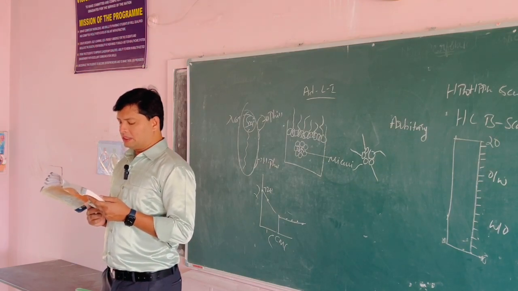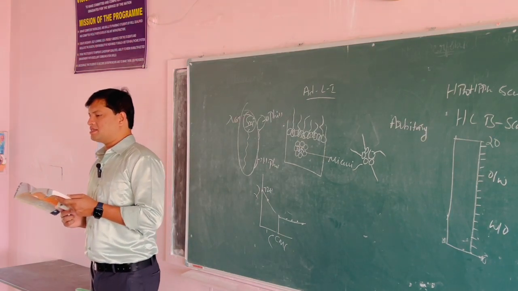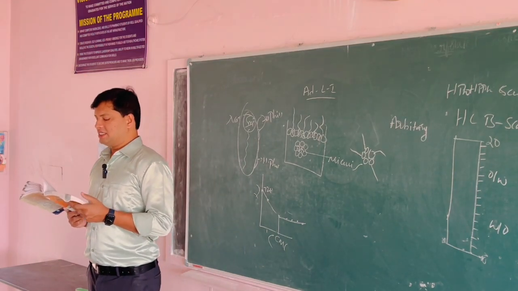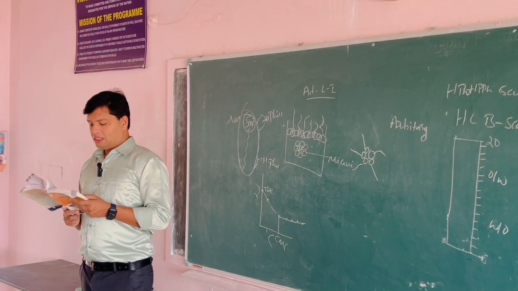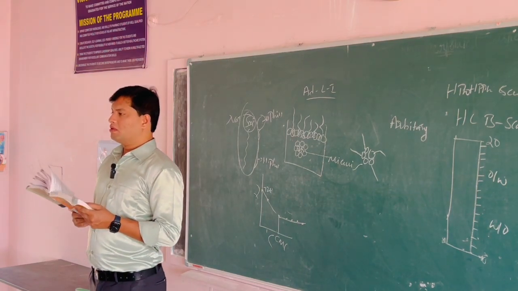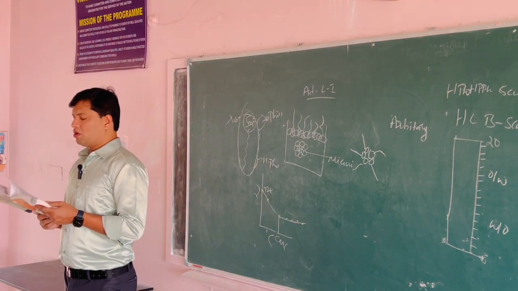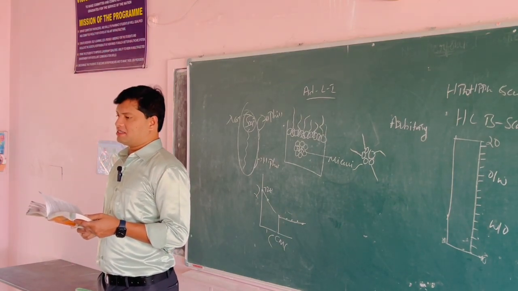Then 13 to 16 is detergents. 16 and above is solubilizing agents.